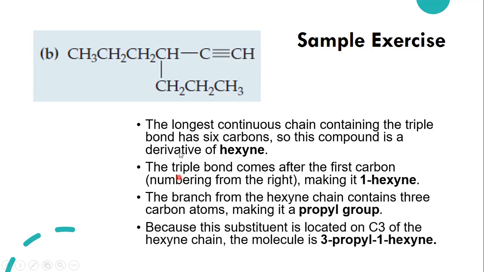Since it is attached at the third carbon, 1, 2, 3, the name of the propyl group is 3-propyl. So the complete name of this compound is 3-propyl-1-hexyne. Okay.